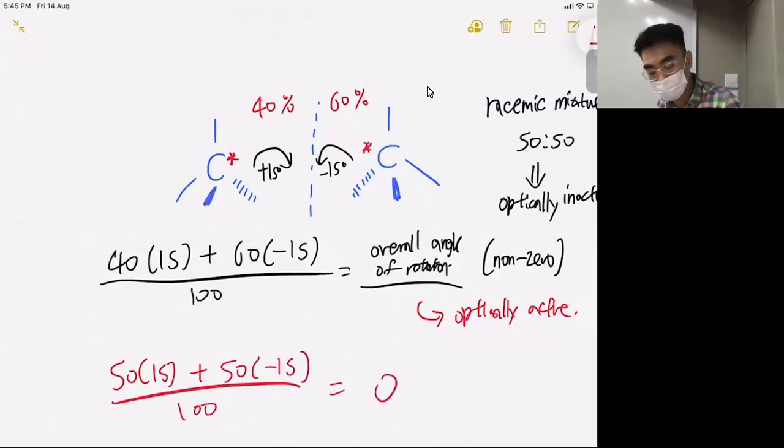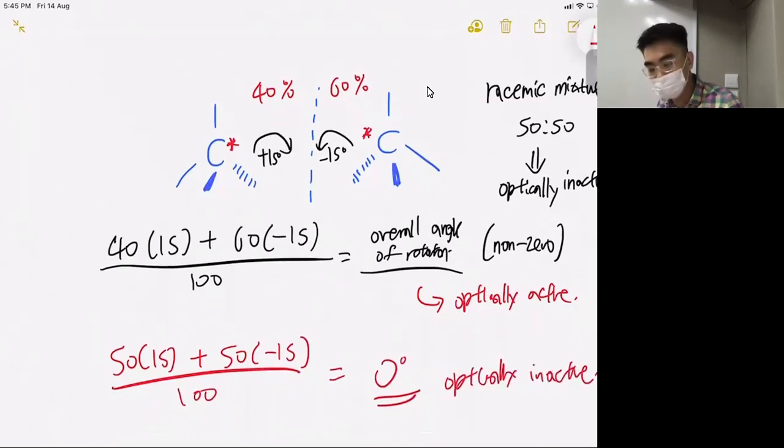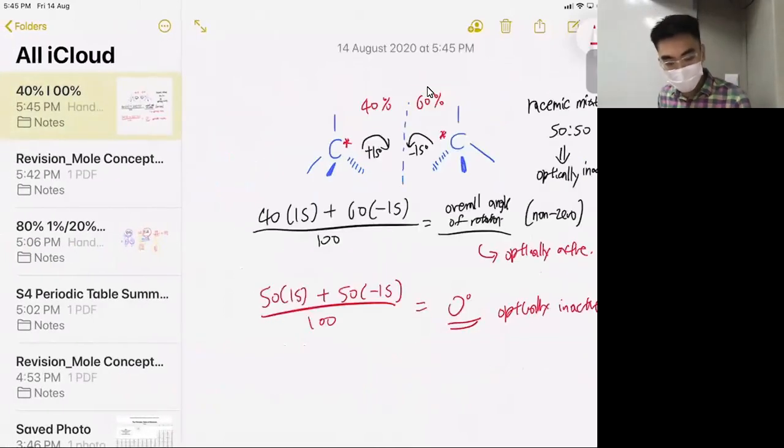This will be zero, so it is optically inactive. We will most likely ask this more in MCQs, so just be aware. I will give you some gentle reminders for part C. Part C is very doable.